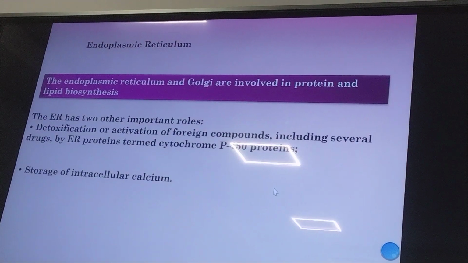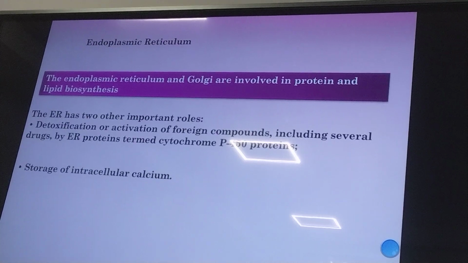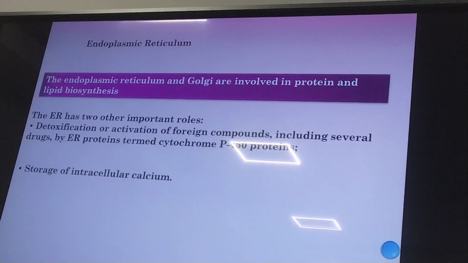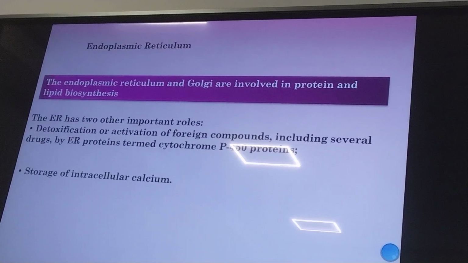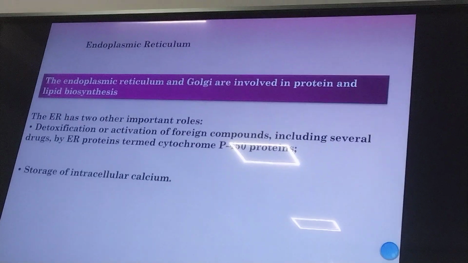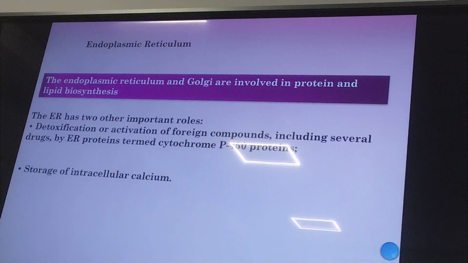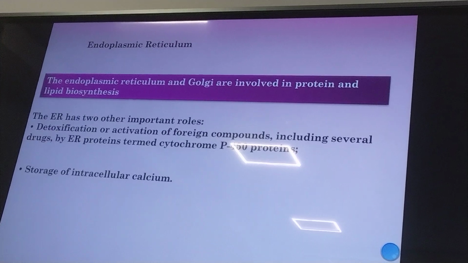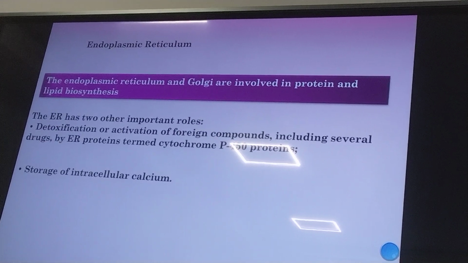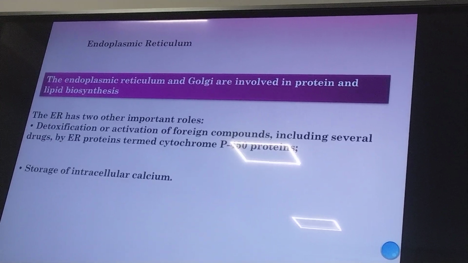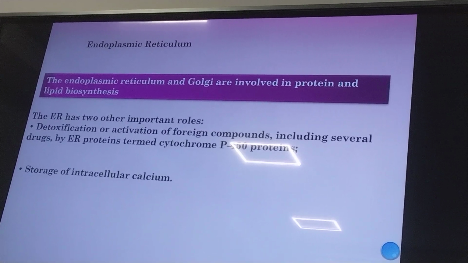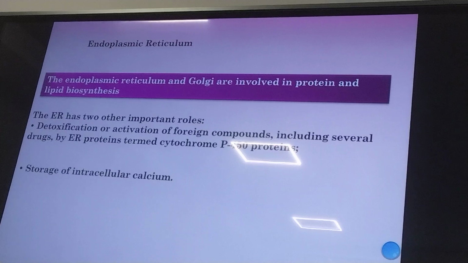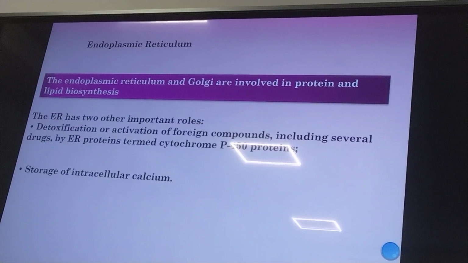So now, the endoplasmic reticulum we can consider as one organelle, but there are two types, rough endoplasmic reticulum and smooth endoplasmic reticulum. Actually, the cell function is mostly determined by which organelle is the leading organelle in the cell. For example, if the mitochondria is the leading organelle, electron transport is the main function of the cell.